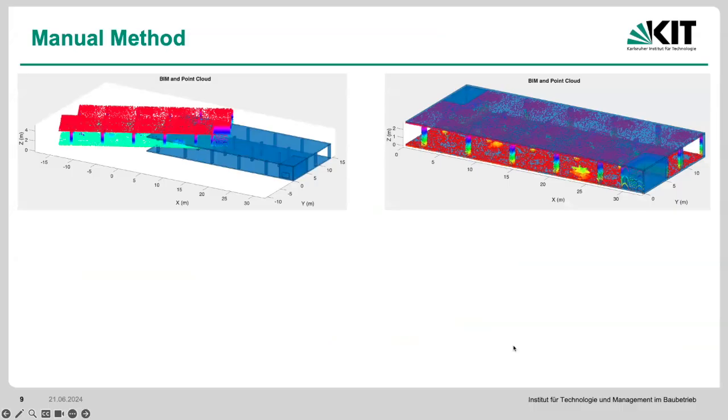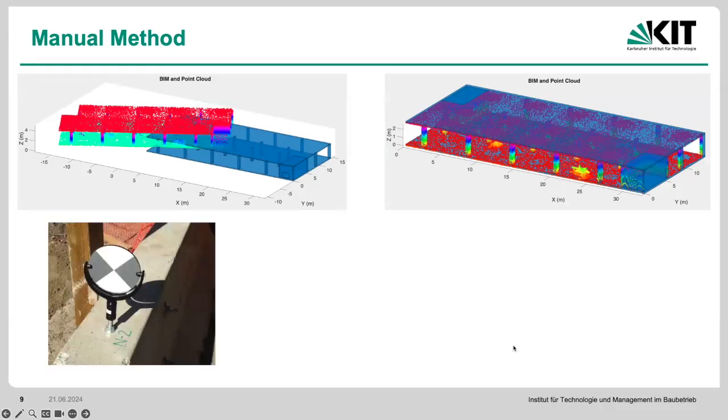So you have the manual method. That's going to be essentially the BIM and the point clouds that are separated from each other. And then we want to get from here onto here, right? So one way is to have some target-based registration, right?